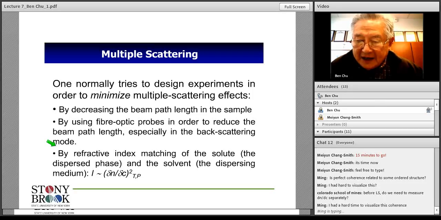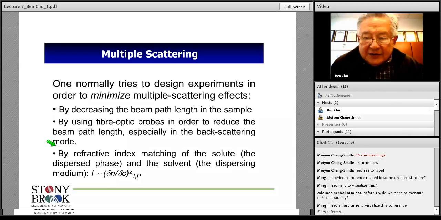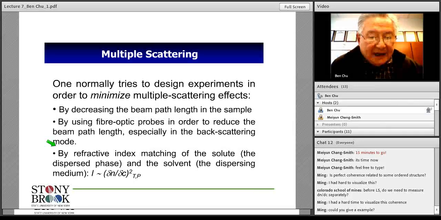A question from the Colorado School of Mines: before light scattering, do we need to measure the dn/dc separately? In order to determine the molecular weight, you need, remember, the optical constant H, which has the dn/dc to the square, the refractive index increment squared. So you need to measure the dn/dc.